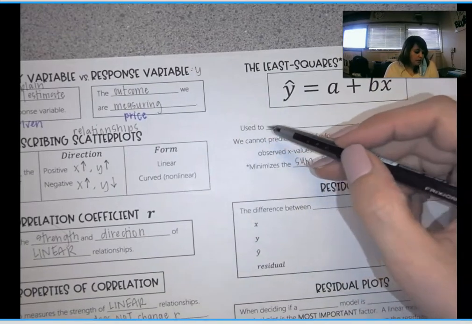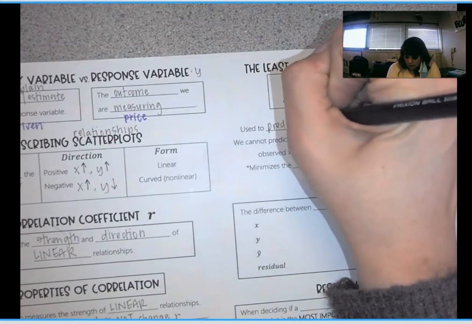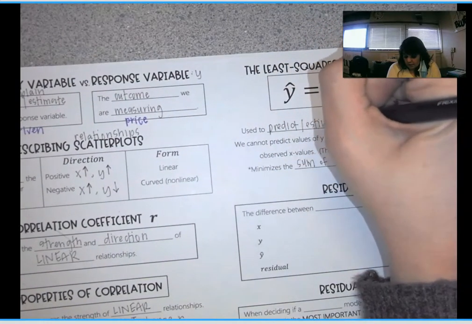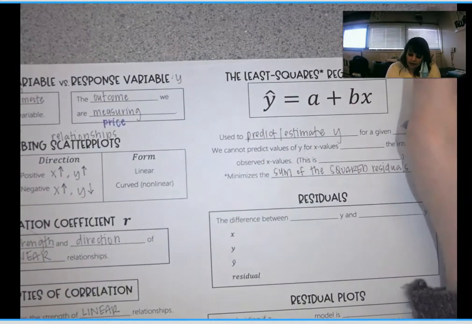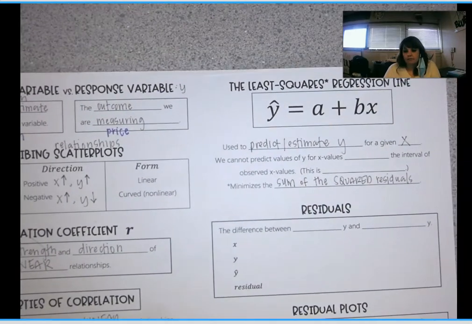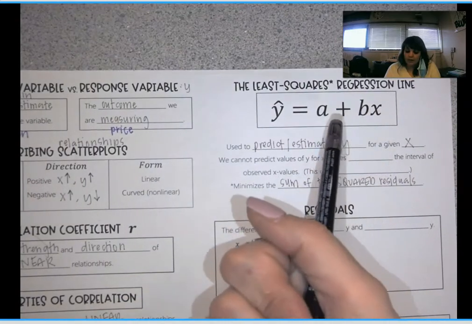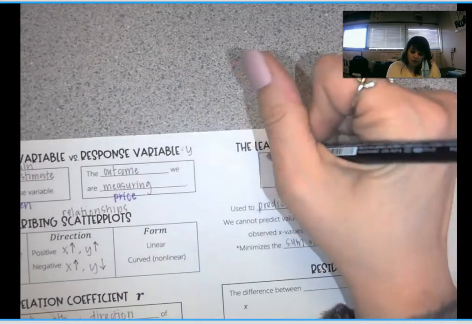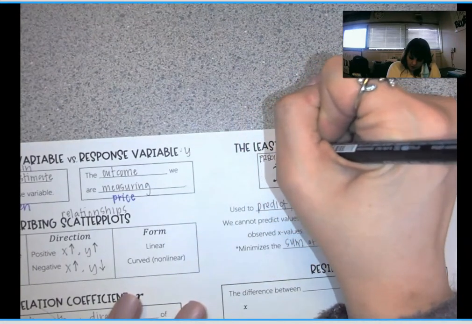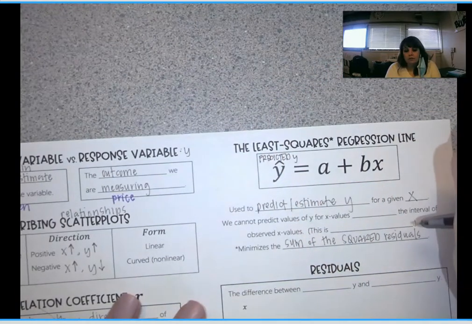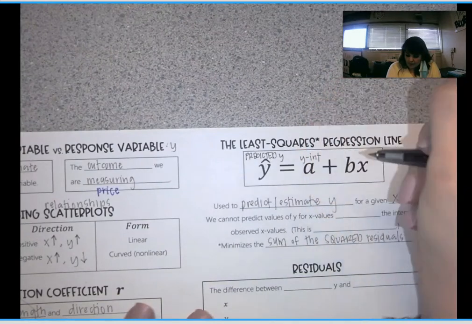Okay, we use the least squares regression line to predict or estimate Y for a given value of X. So if we want to predict a Y value, we would plug it into this equation. Remember, Y hat, it's really important that we distinguish this is predicted Y. The letter A is your y-intercept.